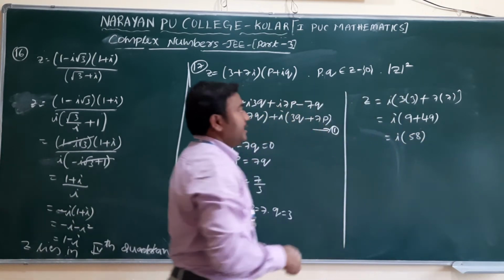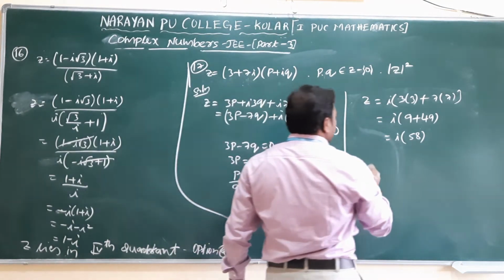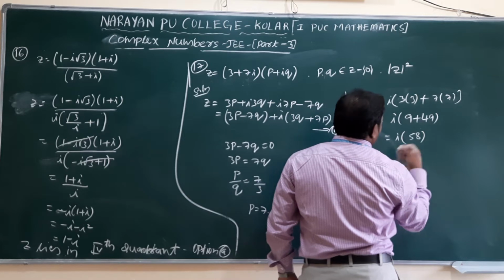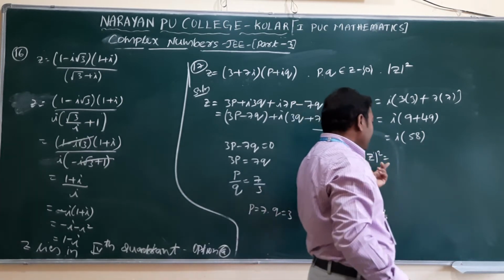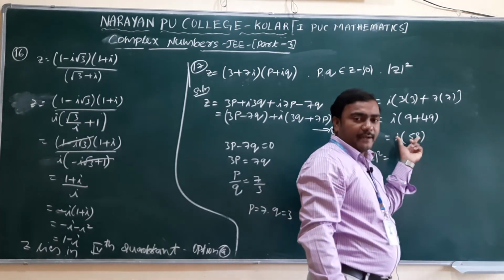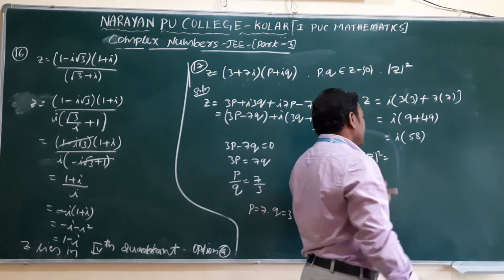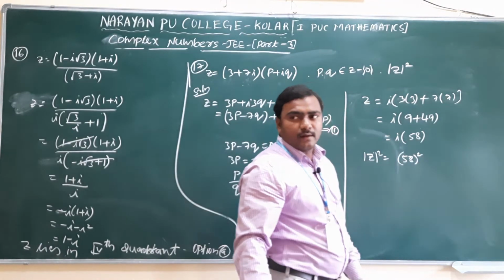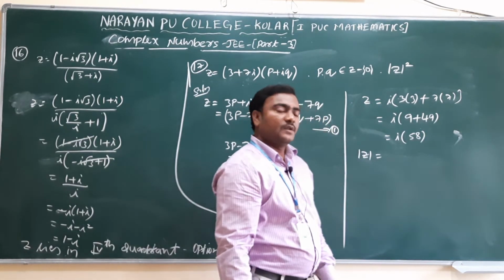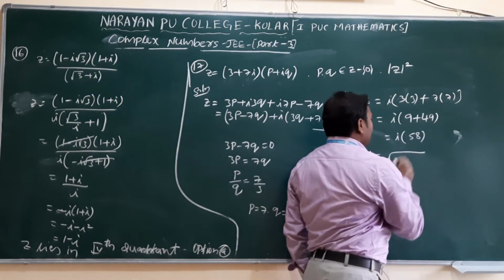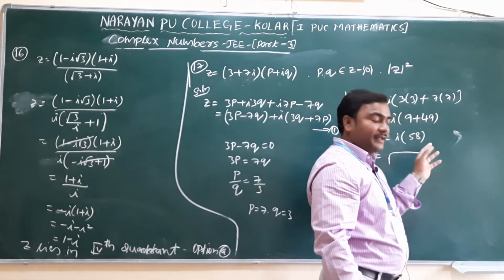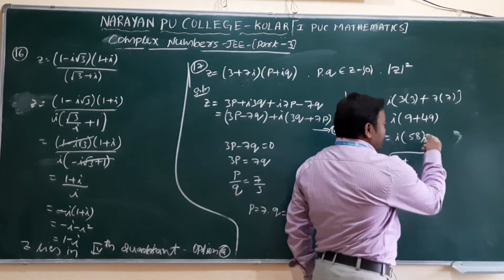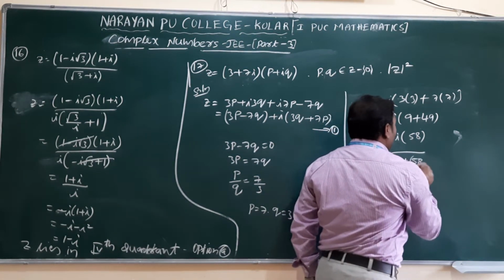But we have to find the modulus of Z square. The modulus of Z square: already the modulus of Z should be 58, and the modulus of Z square should be 58 whole square. So mod Z is equal to square root of a square plus b square, but here the a value is 0, the real part is 0, plus the imaginary part 58 whole square.